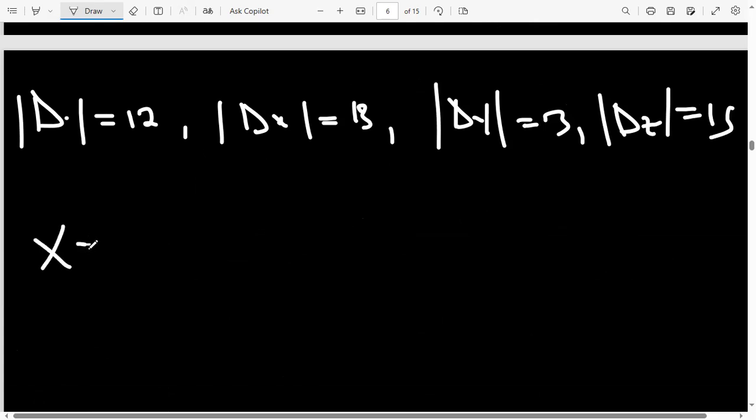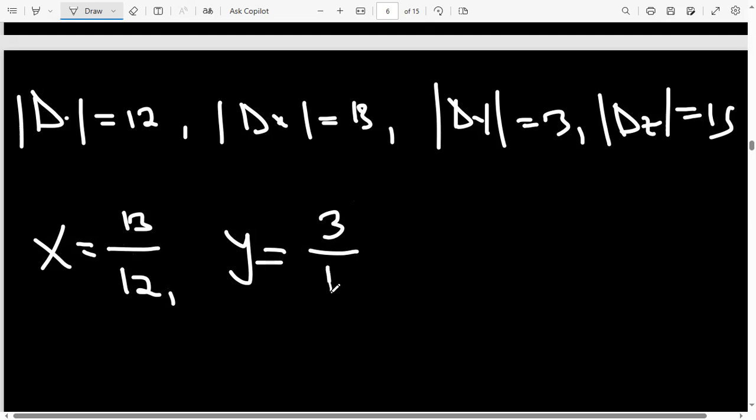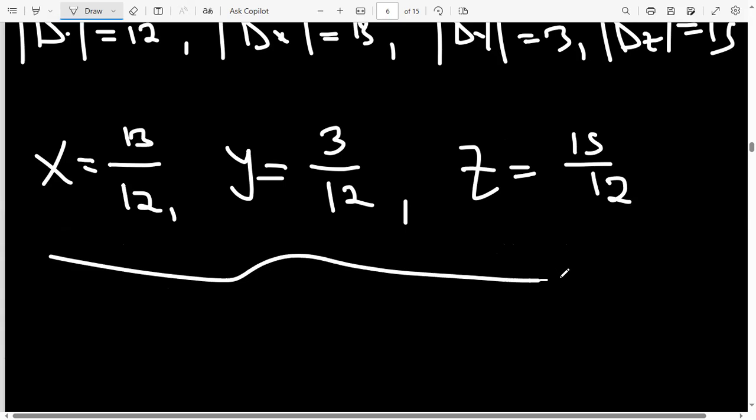For x, you divide the determinant of dx over the determinant of d. So x will be 13 over the determinant of d, which is 12. Then y will be equal to the determinant of dy, which is 3, over the determinant of d, which is 12. And then z is the determinant of dz, which is 15, over the determinant of d. So these here will be our 3 answers.